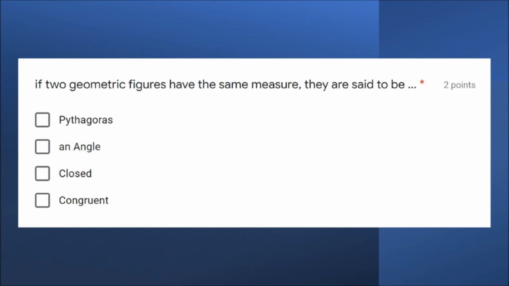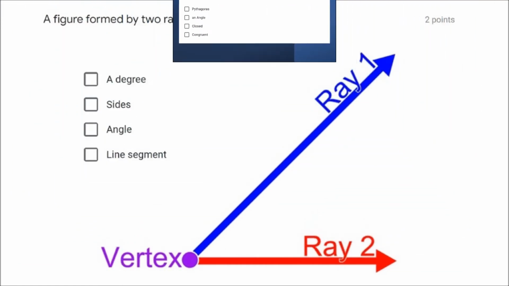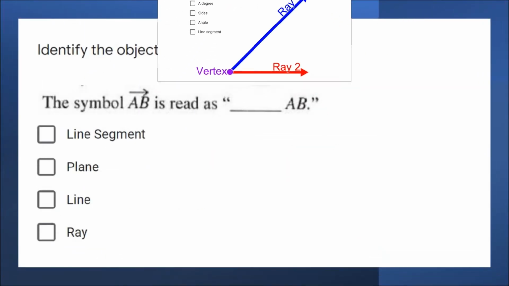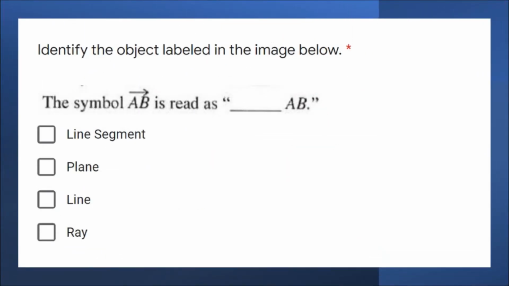If two geometric figures have the same measure, they are said to be what? A figure formed by two rays with a common endpoint is known as what? Identify the object labeled in the image below. The symbol of A, B, with an arrow to the right is known as blank AB.